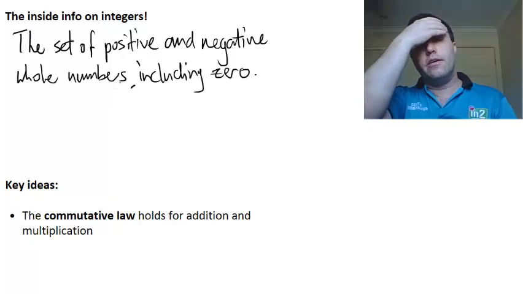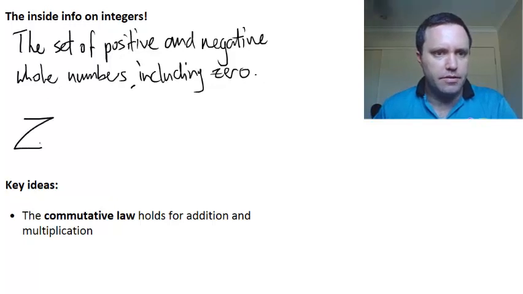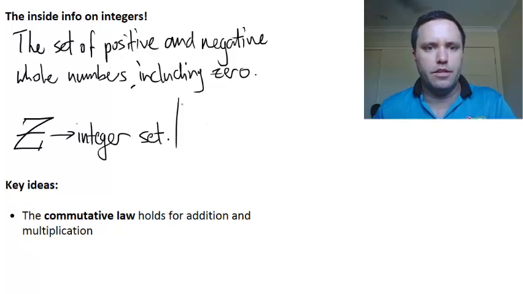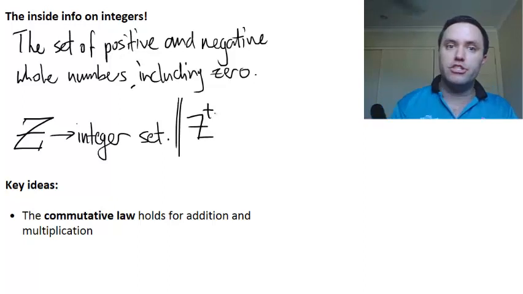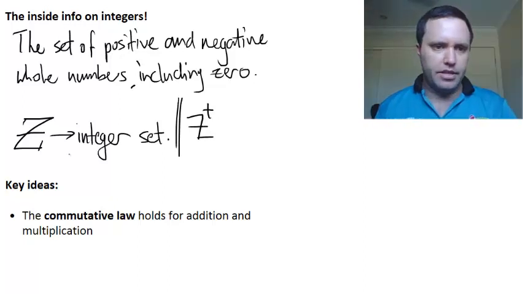There's a special letter for the integers, and it'd be great if we could use it. That is a capital Z, and this means the integer set. If it was something like Z plus, that would be our positive integers. Now let's have a look at some of these key ideas.